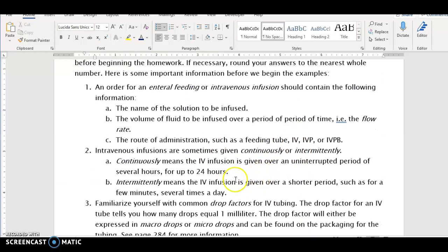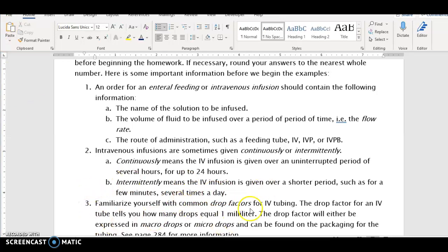Intravenous infusions that are given continuously means the IV infusion is given over an uninterrupted period of time, such as for several hours, for up to 24 hours. Intermittently means the IV infusion is given over a shorter period of time, such as for a few minutes, perhaps several times a day.